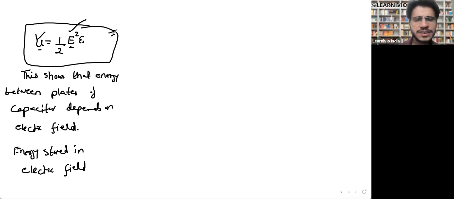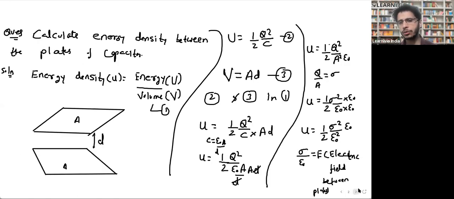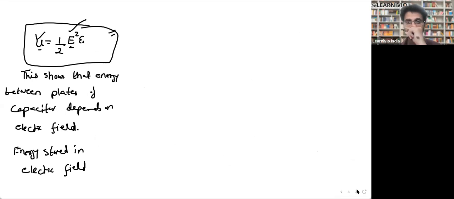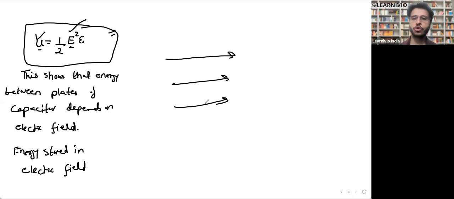We have derived this expression particularly for a parallel plate capacitor, because these are straightforward calculations for a parallel plate capacitor. But if you take any other type of capacitor, a spherical capacitor, or any other case, like if you have a field in a region, in your room also, if you have some electric field, and you take unit volume of your room, meaning 1 meter cube volume of your room.